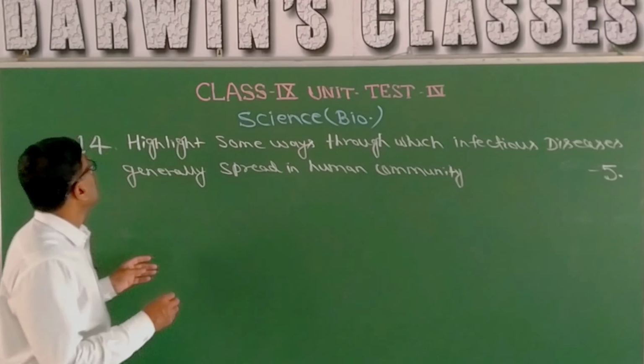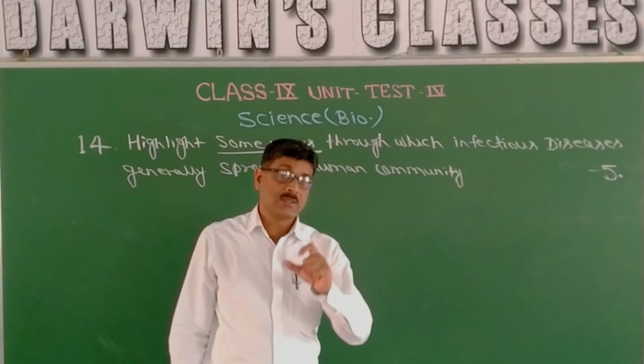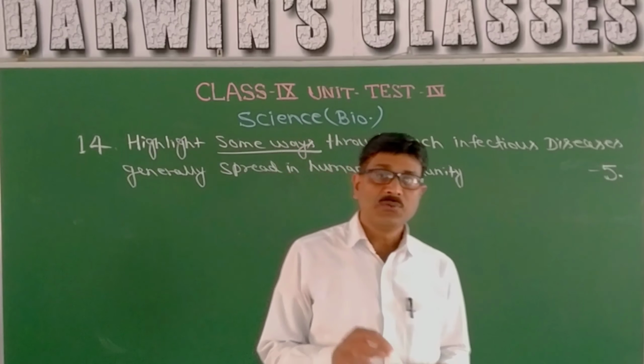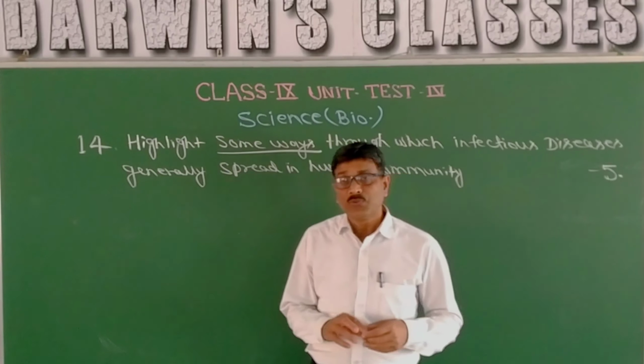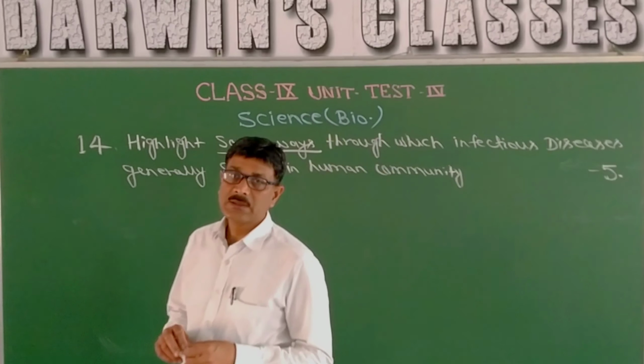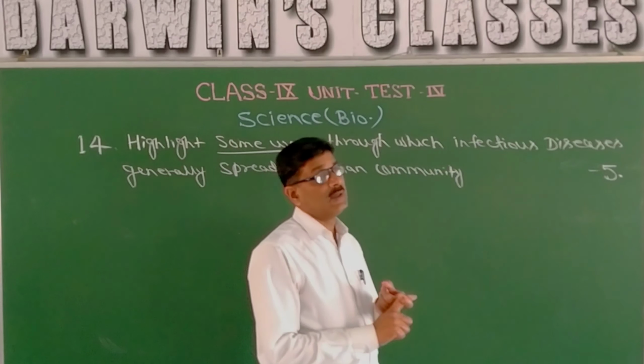And here some ways have been written. That means at least you have to write down 5 ways, 5 sentences. So first of all, it is through air, means through contaminated air.